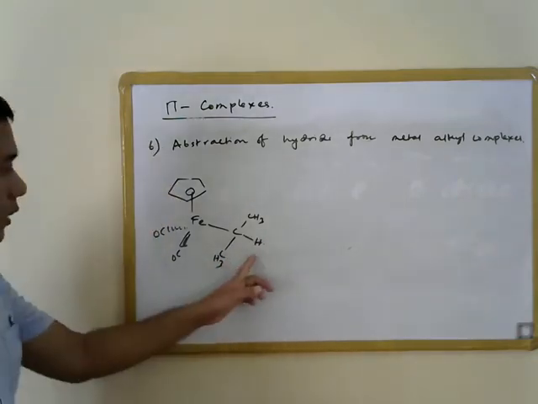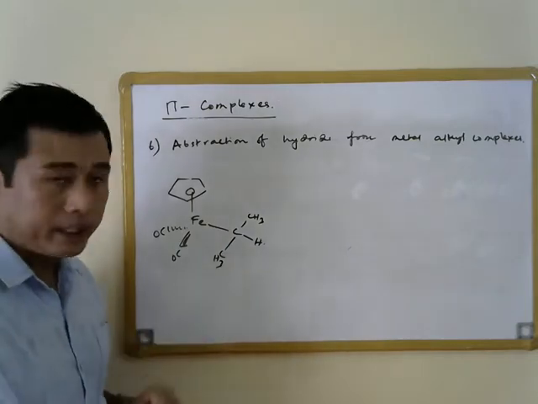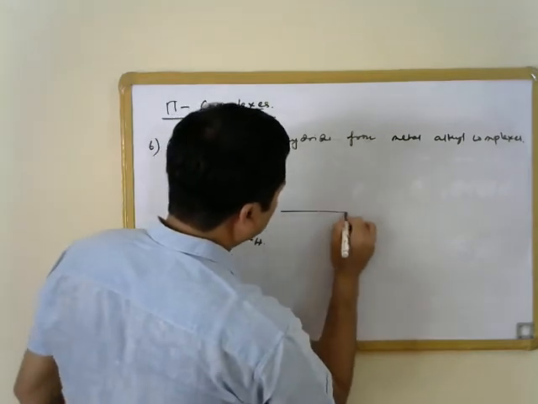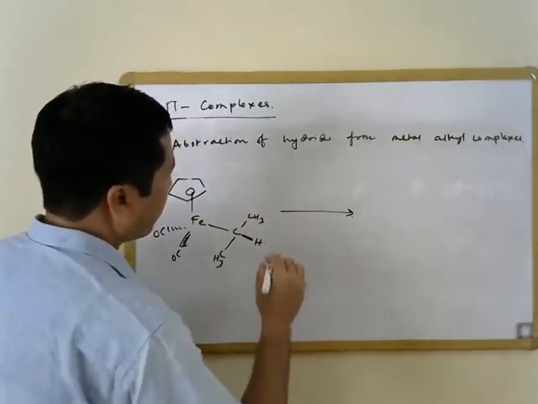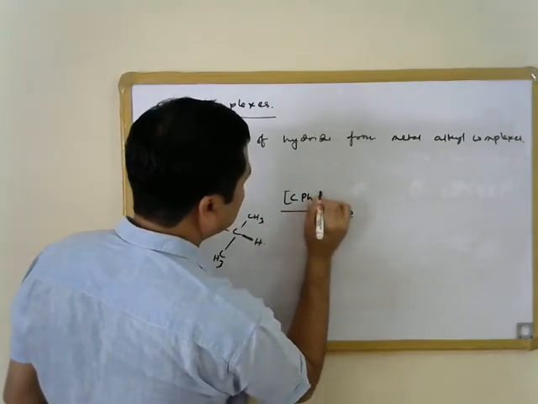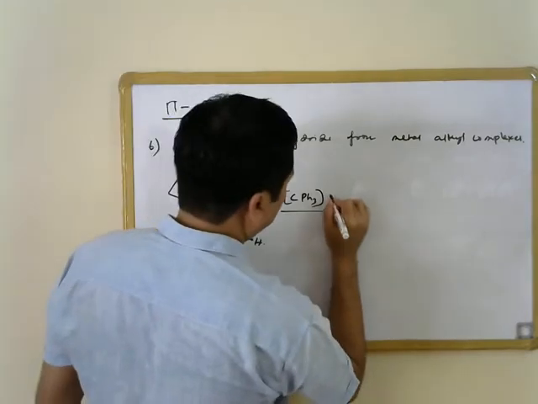Now this particular hydrogen, which is attached to the carbon atom that is coordinated to the metal center, is highly acidic or hydridic in nature, and it can be removed by using a carbocation. So we use the trityl ion over here.